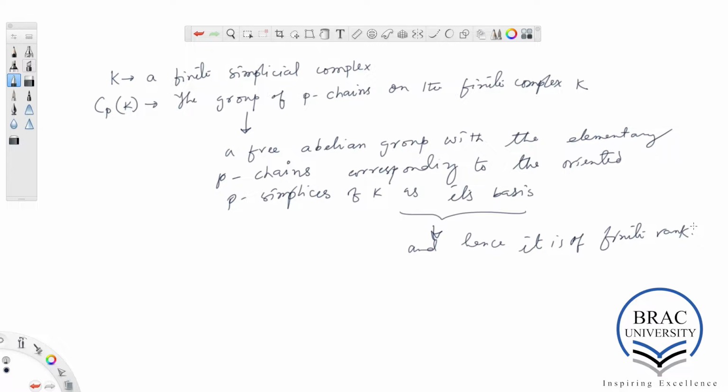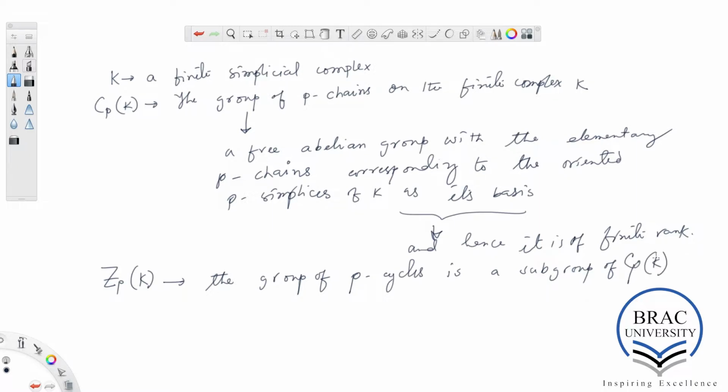Now, by Zp of K, we denote the group of p-cycles, and this group of p-cycles is a subgroup of the group of p-chains.